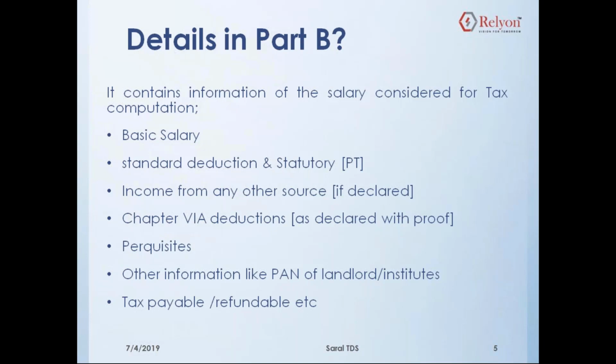So if you want the actual rent paid details to be considered, and it is crossing more than 1 lakh a year, or my rent paid per month is 8,333 rupees, then I need to consider my owner's PAN. That is mandatory, and that information must be entered.